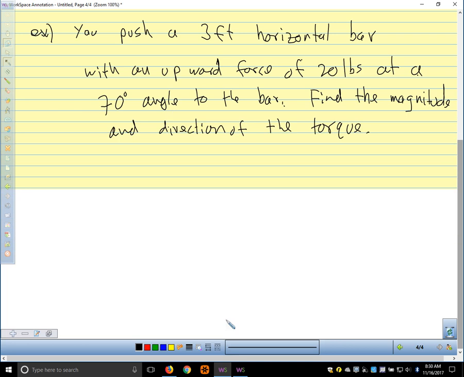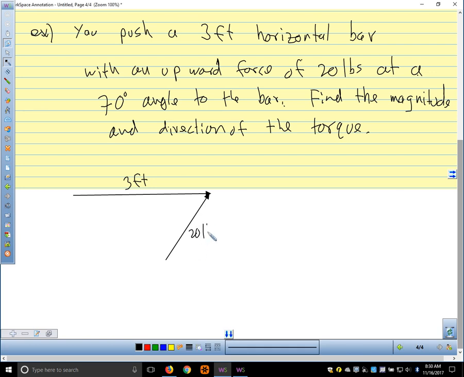So let me draw a little picture here. Here's our 3-foot bar, and here we are pushing with a force of 20 pounds, and this angle is 70 degrees.